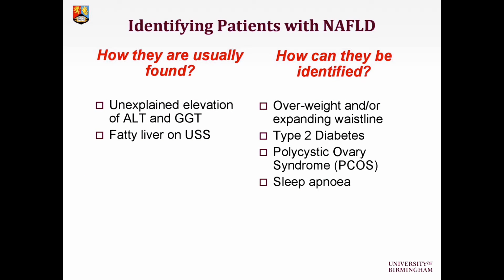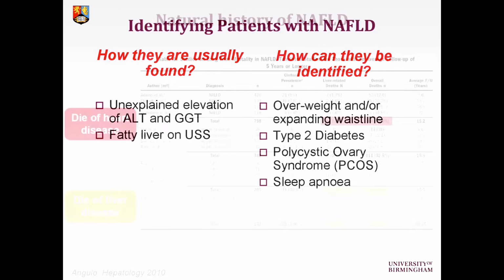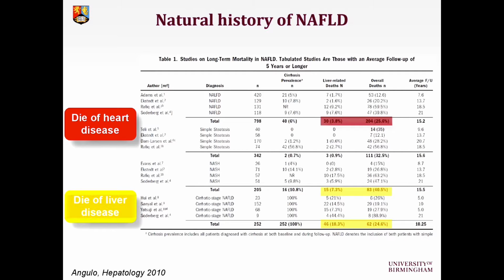Well, it's pretty subtle. Sometimes these patients have normal liver tests, okay? And sometimes these patients will have fatty change on ultrasound scan, but the changes in liver tests are often very, very mild. One of the truths about fatty liver disease is that most people with fatty liver disease don't die from liver disease. I know that sounds a bit weird.